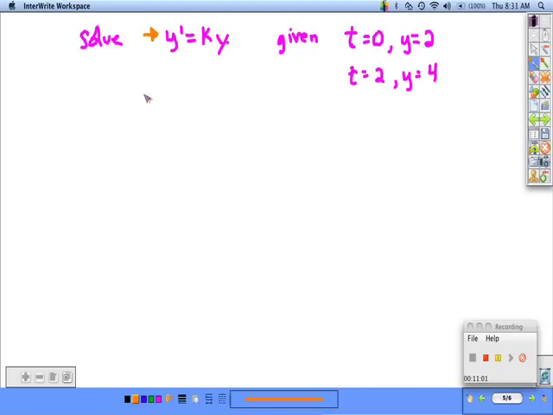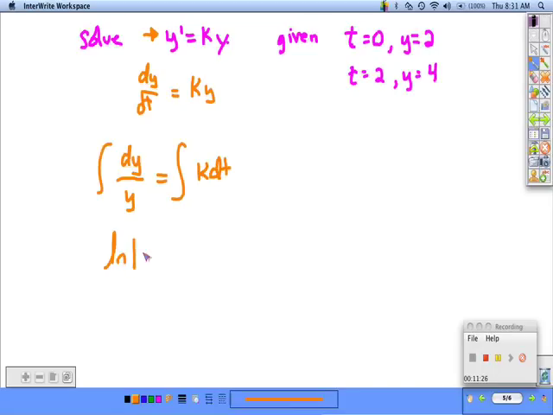In this one thing to notice is that y prime is dy dt equals k times y. Doing our separation, we get dy over y equals k dt. We get the natural log of absolute value y equals kt.